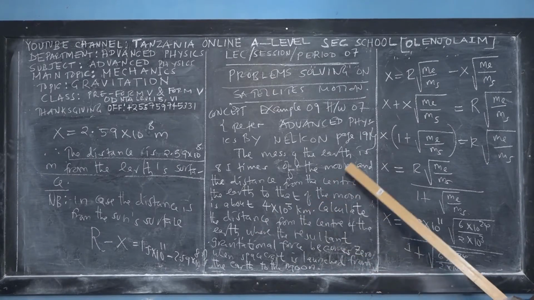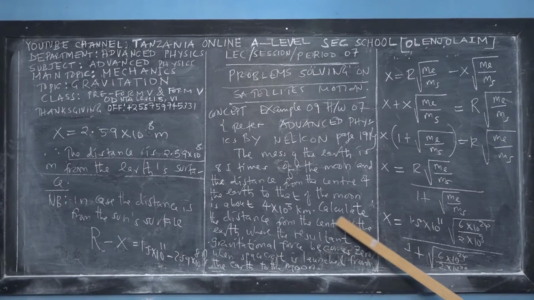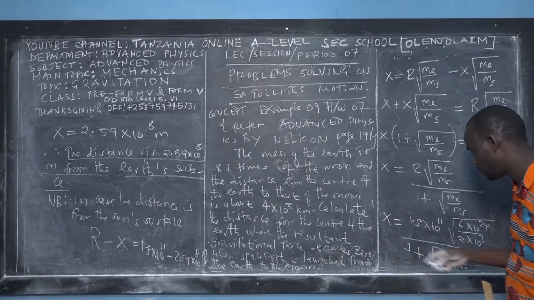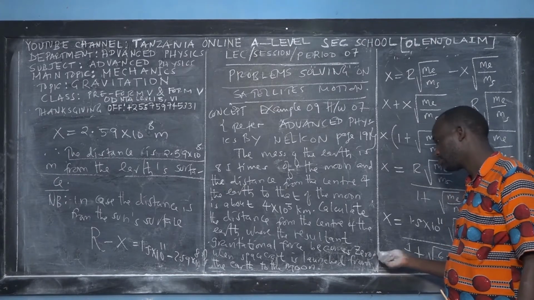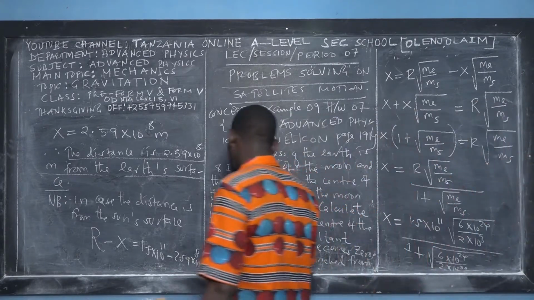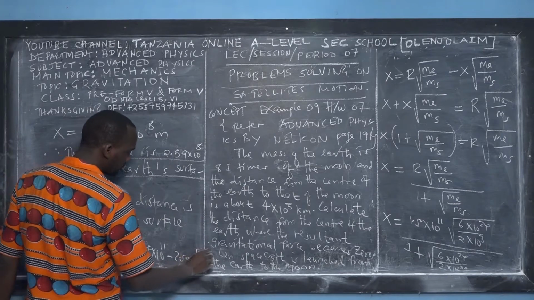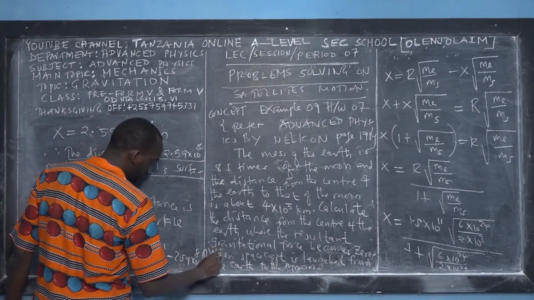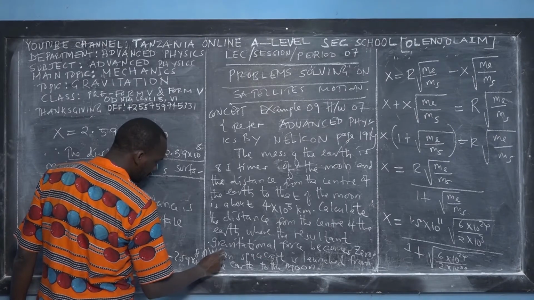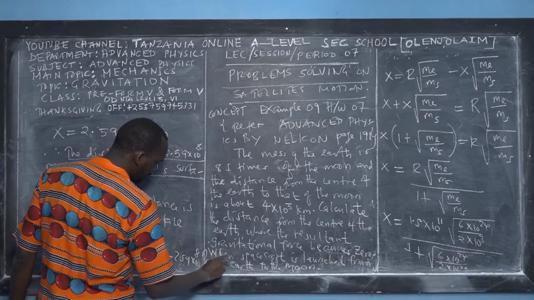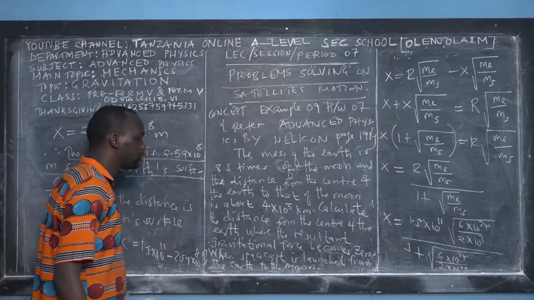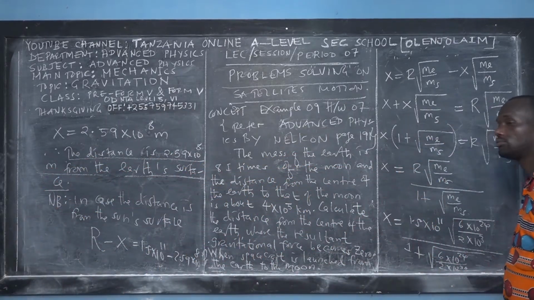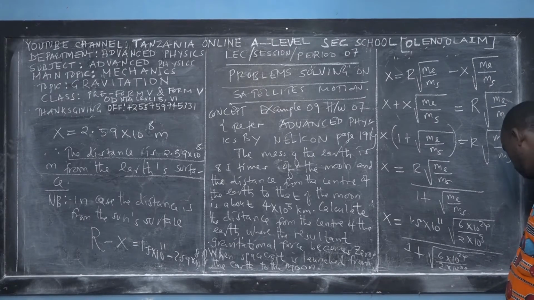Calculate the distance from the center of the Earth where the resultant gravitational force becomes 0 when a spacecraft is launched from the Earth to the moon. So that's the question. Try it.